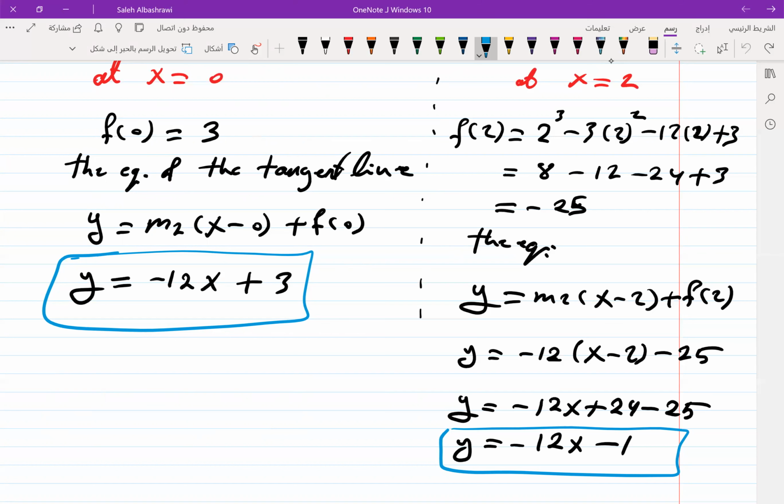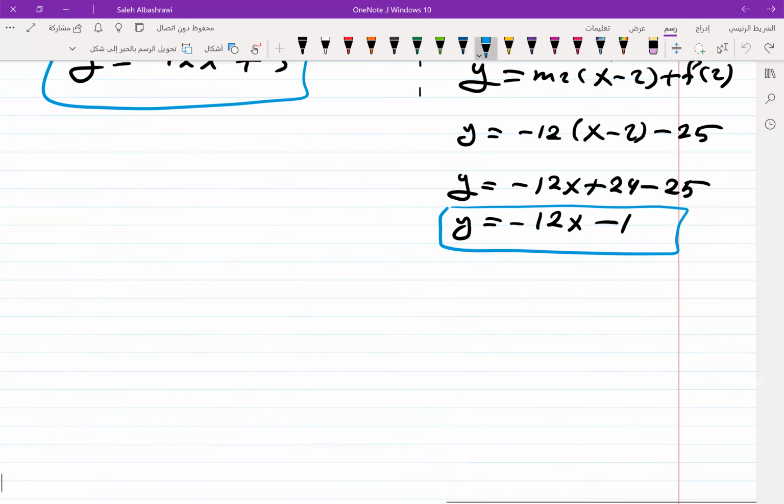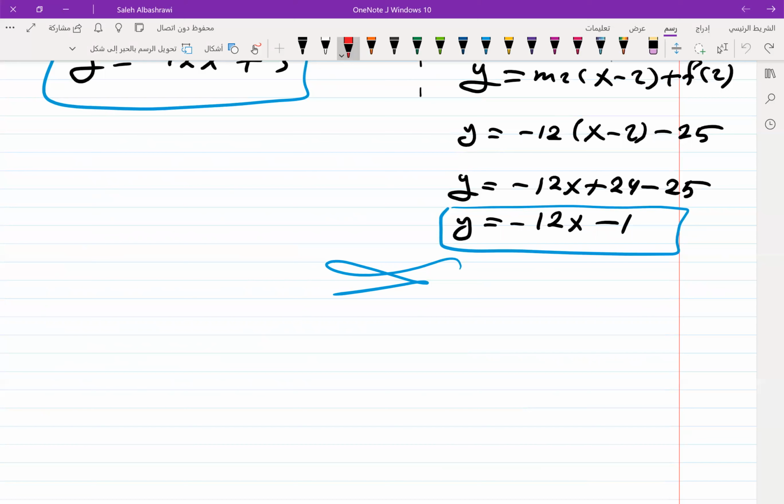Let's take another example for equation of a tangent line that are parallel to some given line. Take another example now.